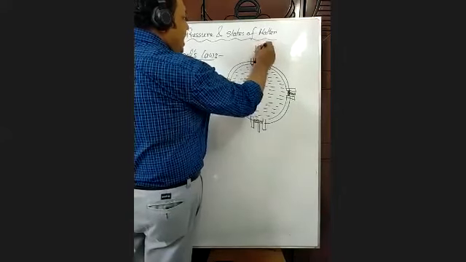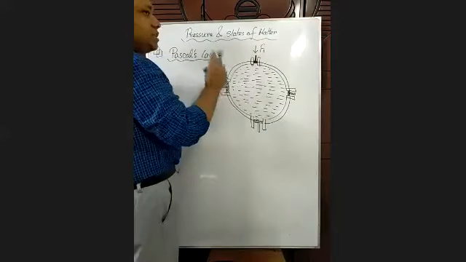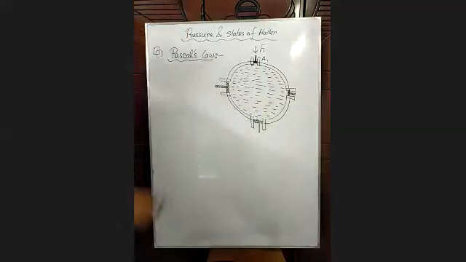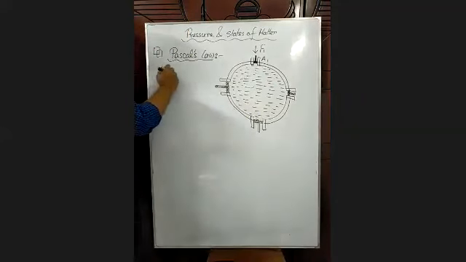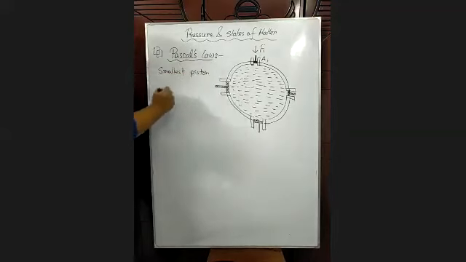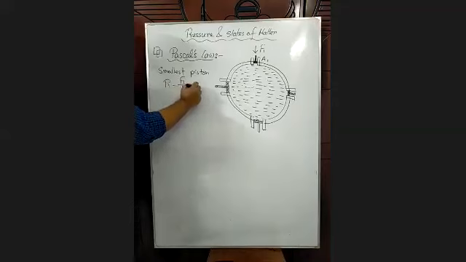Suppose I am giving force F1 through this small piston which has a very small area A1. For the smallest piston, the pressure can be said as F1 by A1.